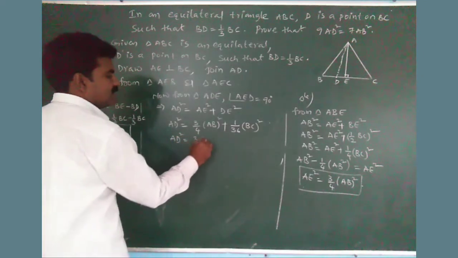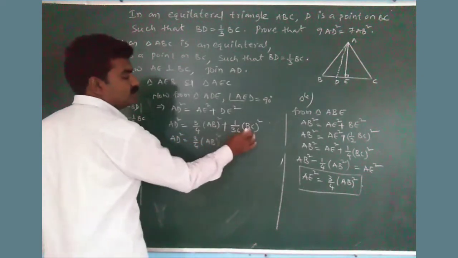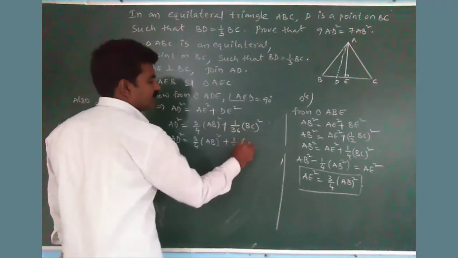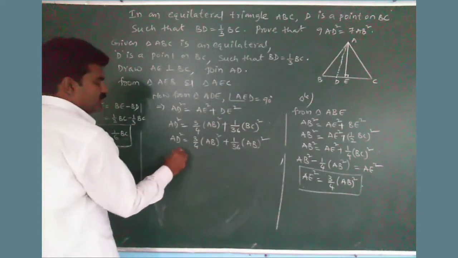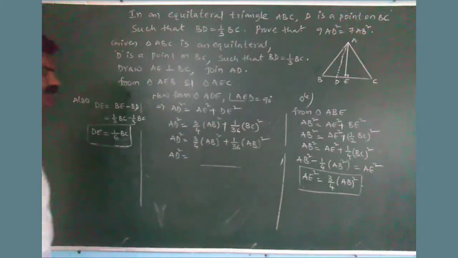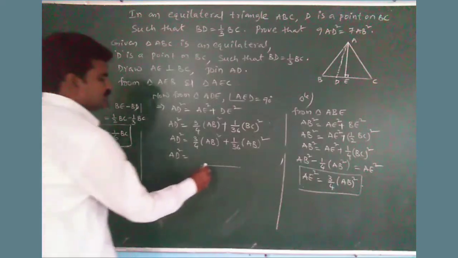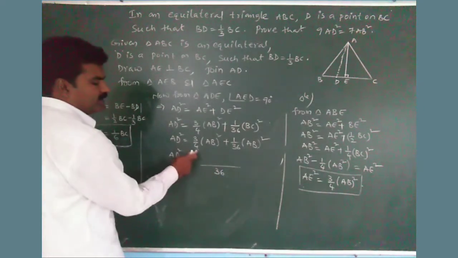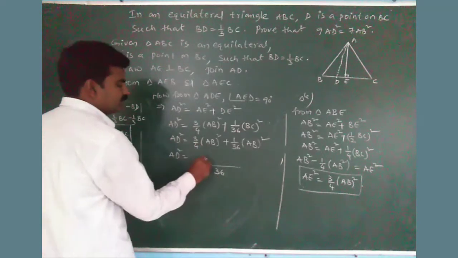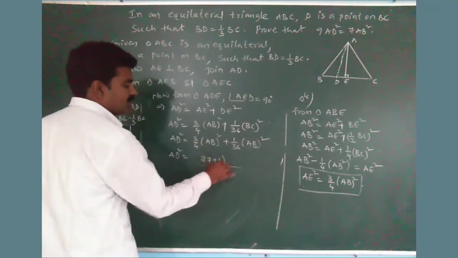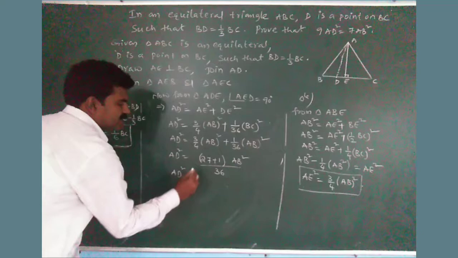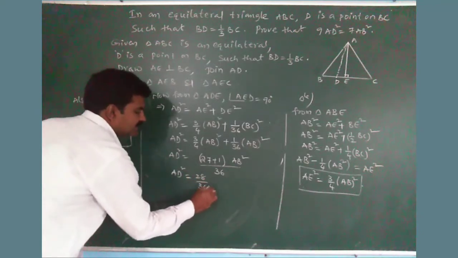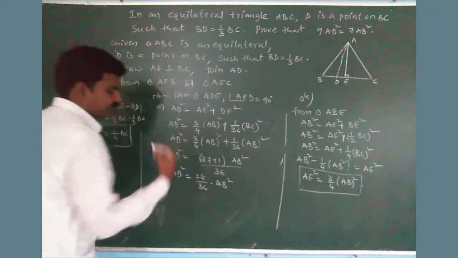But since it is an equilateral triangle, AB is equal to BC, so let me write this as AB whole square. So AD square is equal to, let us go for LCM, 36 is the LCM. Then 9 times 3 is 27, plus 1, together into AB square. This is AD square is equal to 28 by 36 into AB square.